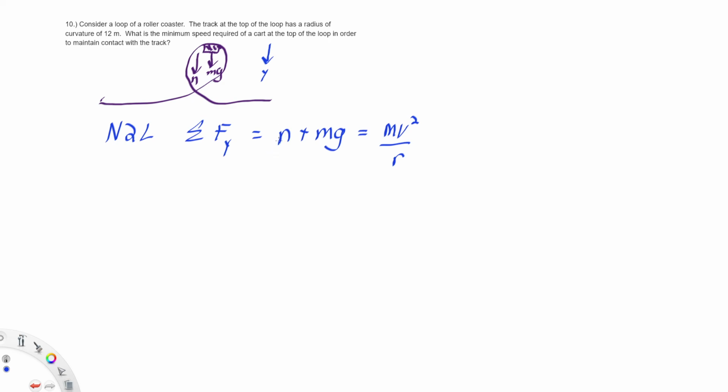So in fact, if we came around the loop-de-loop and we were just barely making contact with the track, then the normal force would essentially go to 0. It would be a scary experience, but it could happen. And if it went to 0, then we would just have mg equals mv squared over r. Masses cancel. And square root of gr is your minimum velocity.